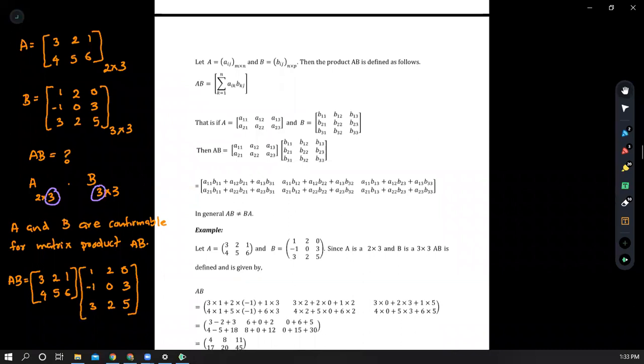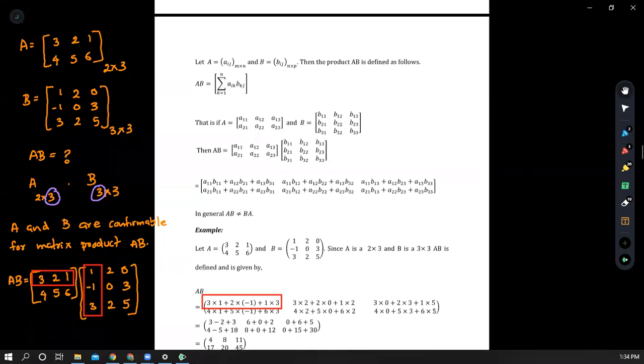First we need to select the row and column. It always starts from the first row of the first matrix multiplied with the first column of the second matrix. If you perform this calculation, 3 multiplied with 1, 2 multiplied with minus 1, 1 multiplied with 3, using addition and multiplication appropriately.